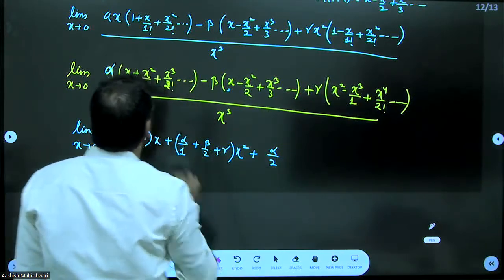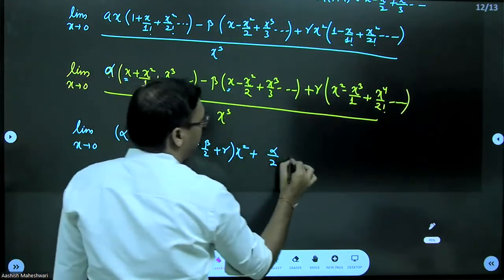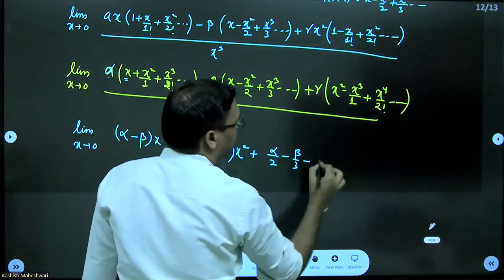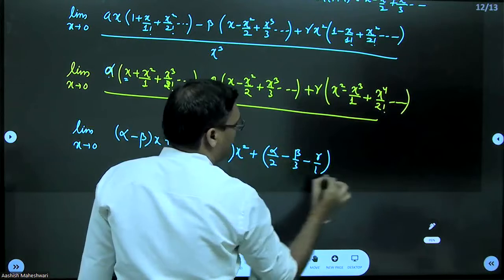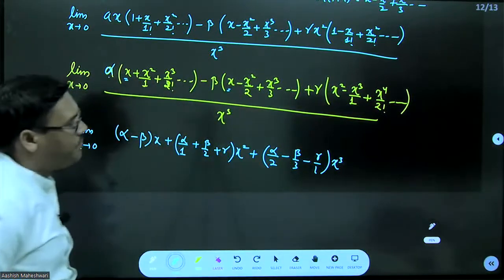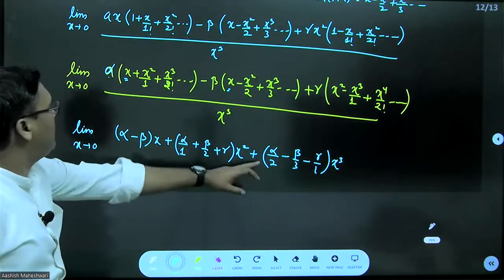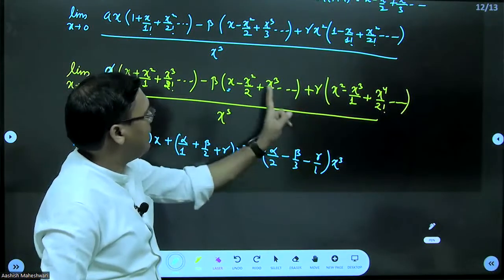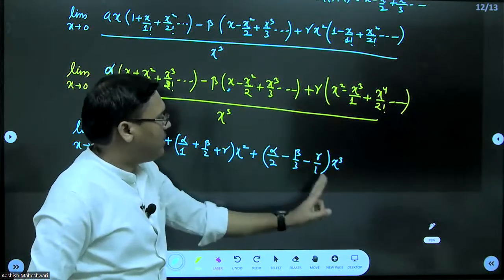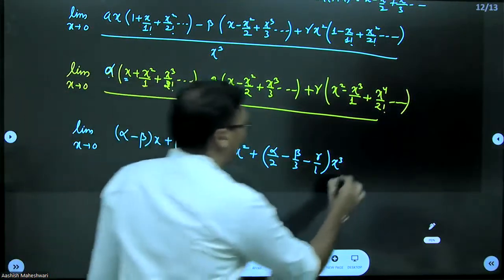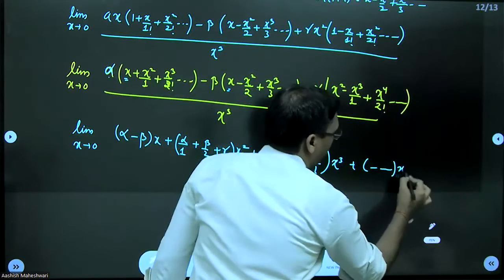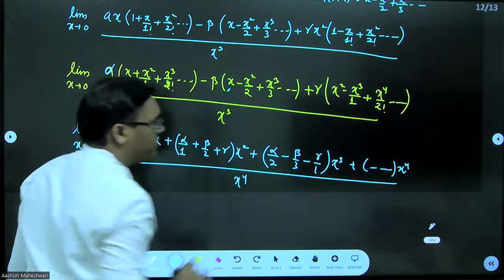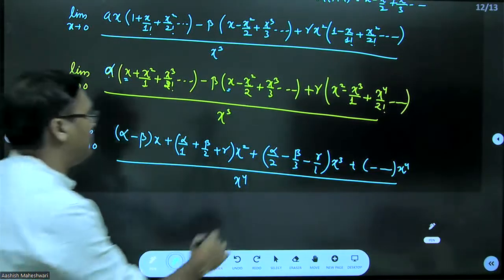So alpha by 2 factorial x cube, from here this is minus beta by 3 x cube, and this is minus gamma by 1 x cube. Okay, check it. This is alpha by 2 x cube plus minus beta by 3 x cube and minus gamma by 1 x cube. And after this, the terms will be x to the power 4 and the remaining terms, divided by x to the power 4, we have x to the power 3.